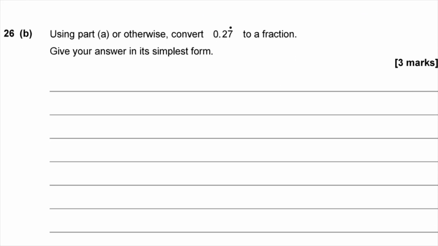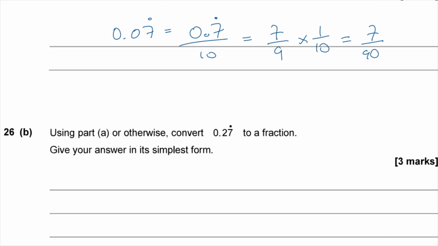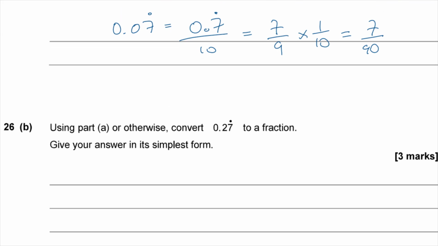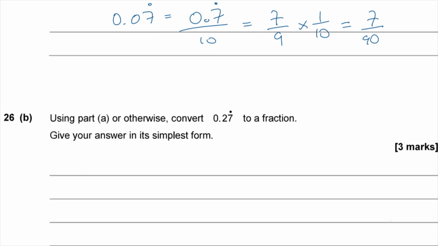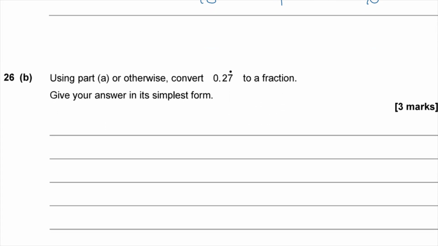Okay, so using part A or otherwise, convert 0.27 recurring into a fraction. Give your answer in its simplest form.